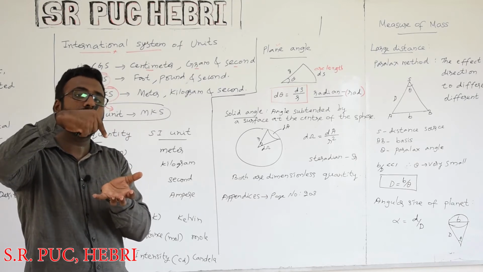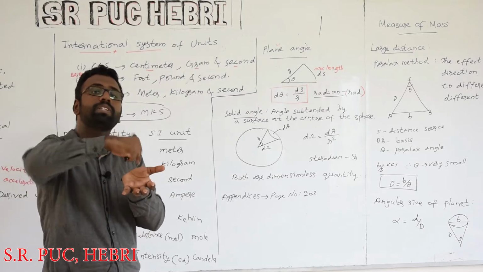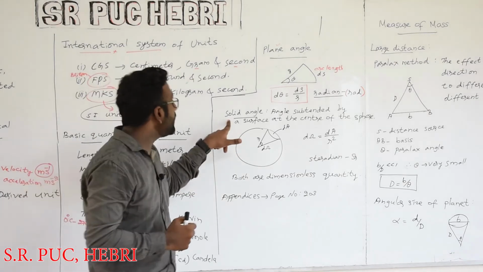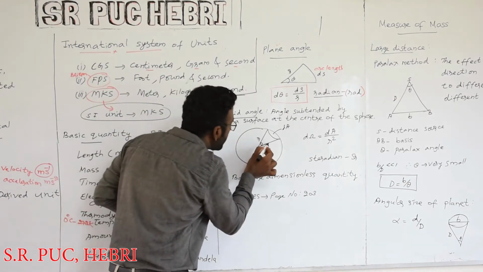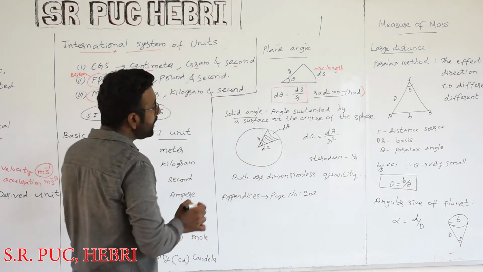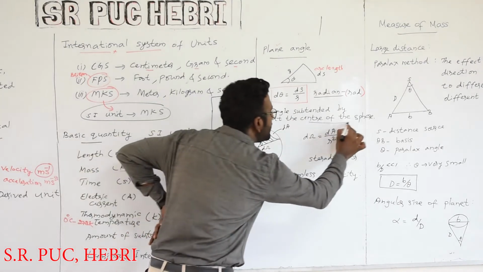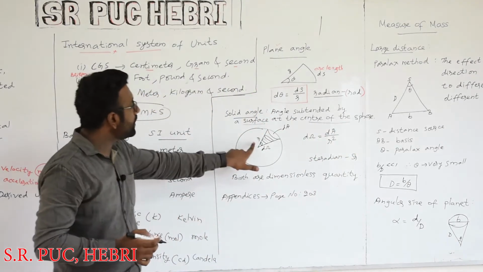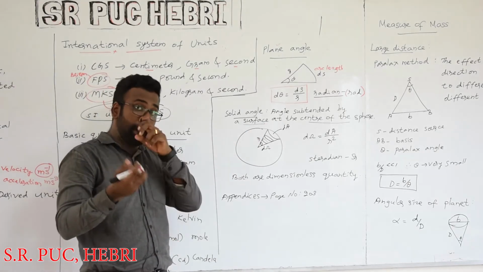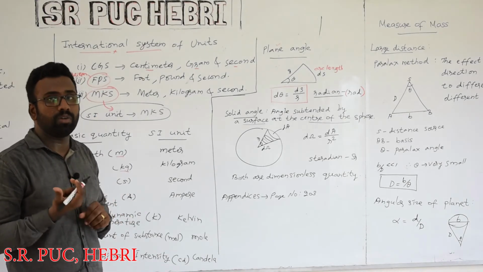This circle is a kind of angle made by the surface with respect to the center, and that is known as the solid angle. You will come across this in the next topic, so you will get a clear idea of that.